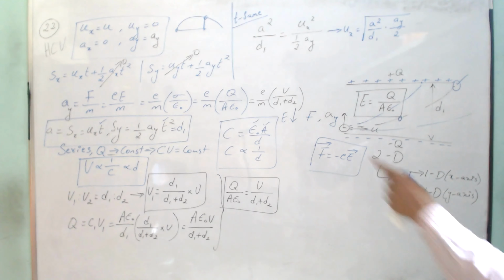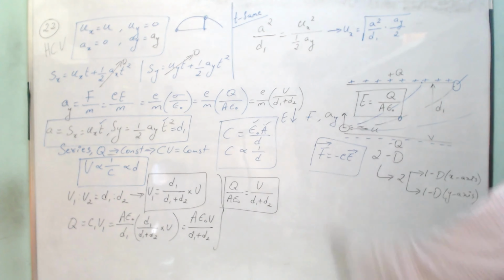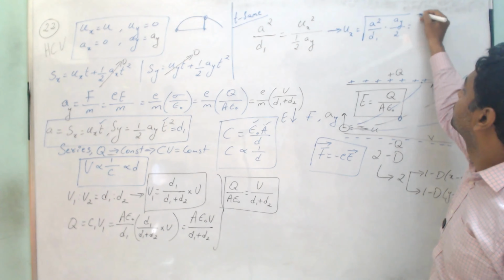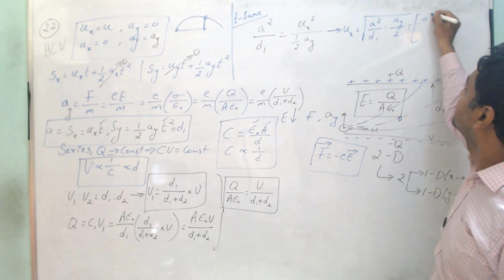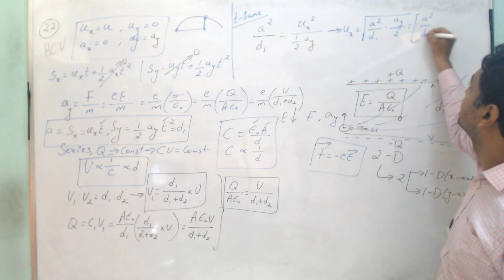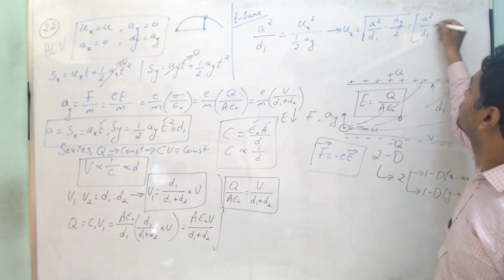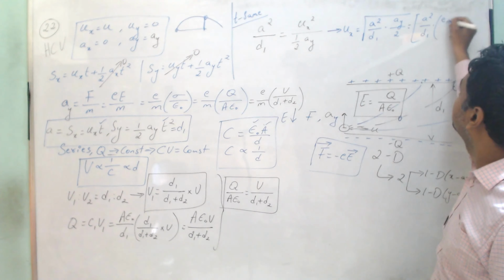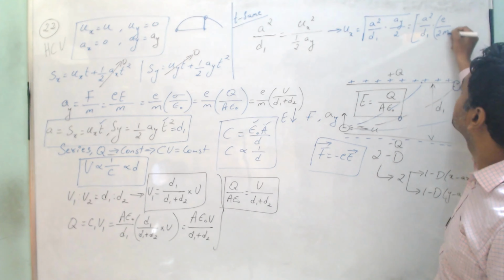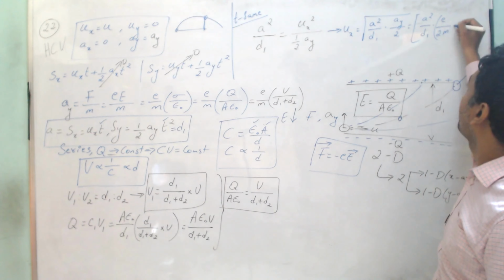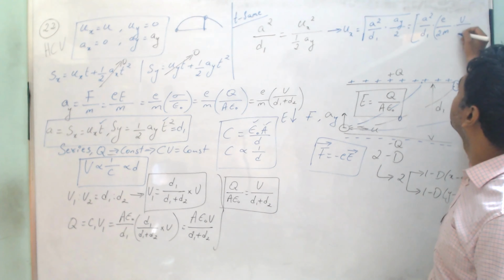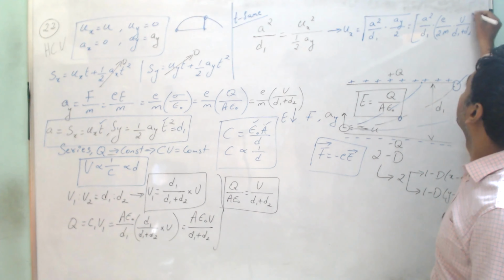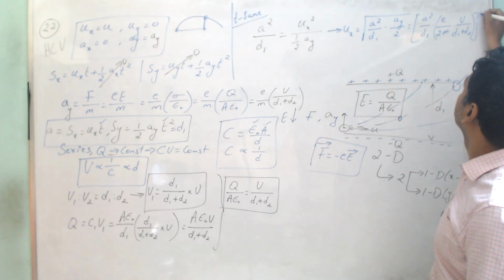Ay is this story. So I'll put it in brackets, a square by d1 into ay, which is E by m, I am writing 2m because there is 2 here, into V by d1 plus d2, whole to the power 1 by 2.